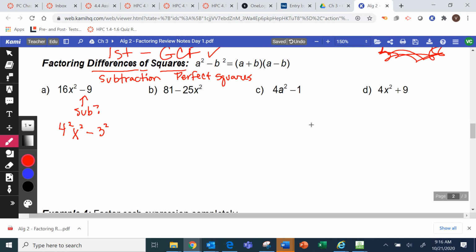If I can rewrite it, then that means that we have perfect squares. What you do is you take what is squared and you're going to write 2 parentheses. One is plus, one is minus. And you're going to take what is squared and you're going to separate them into the 2 parentheses. 4x, 3, 4x, 3. And that's how we do difference of squares.